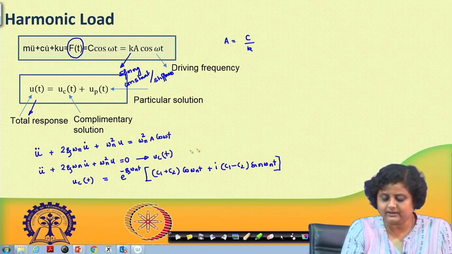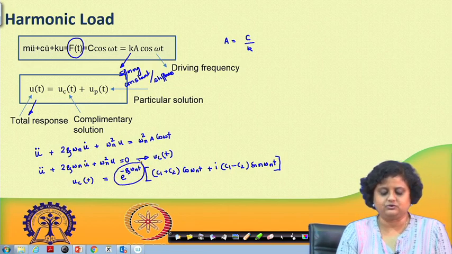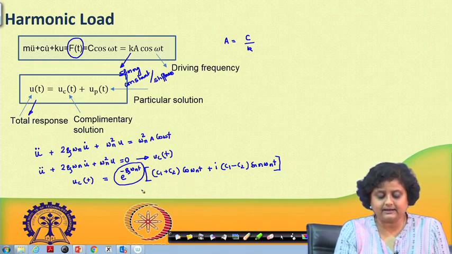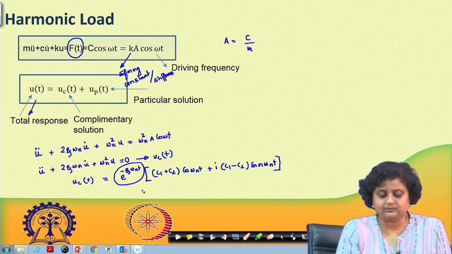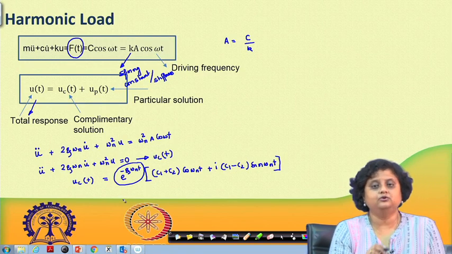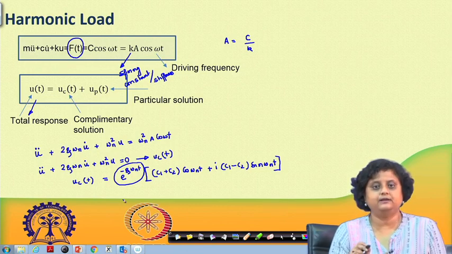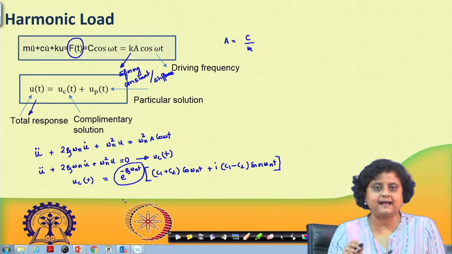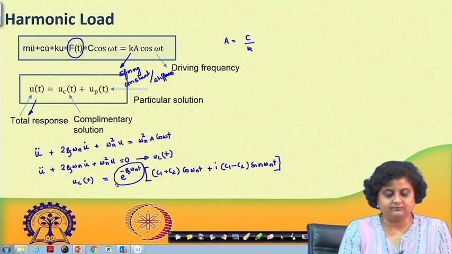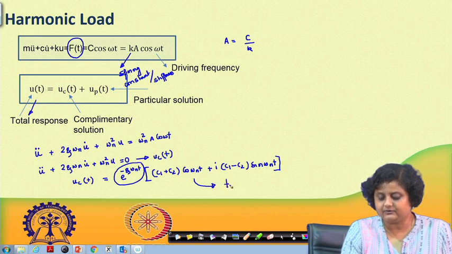Since this solution is a sinusoidal function with exponentially decaying amplitude, it is going to become 0 or very close to 0 after the elapse of a certain time. Therefore, when we are trying to solve a forced vibration problem, this solution is called the transient response.